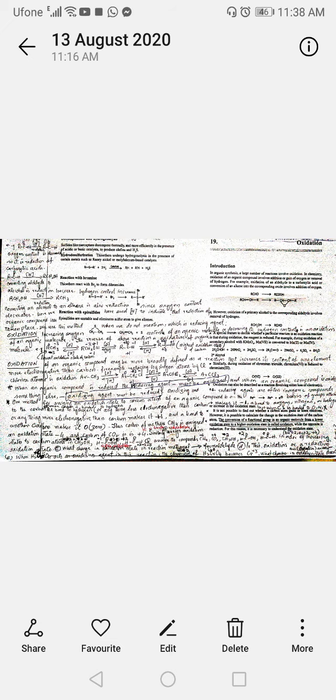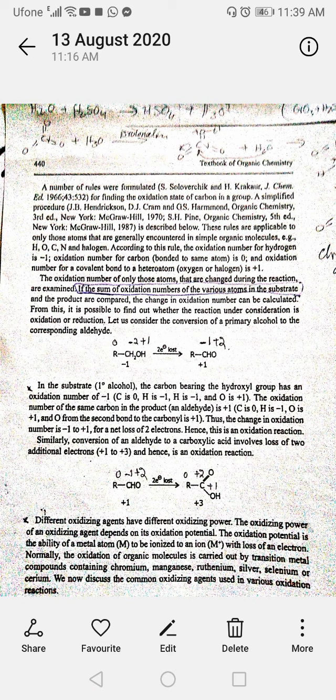This one, this page you've seen. Now we come to this type, this reaction. So there are a number of rules by which you can determine and calculate the oxidation state of an element in a compound on the reactant side, and the oxidation state of an element in a compound on the product side.